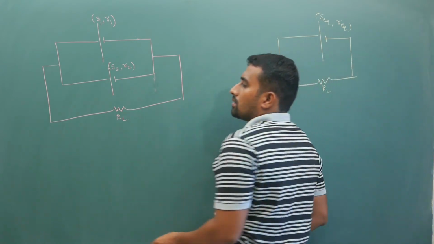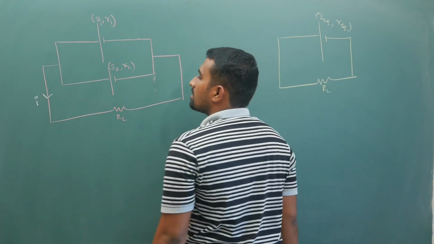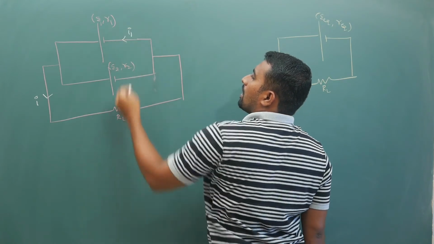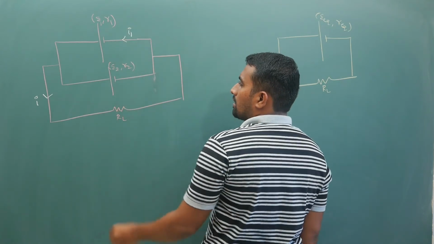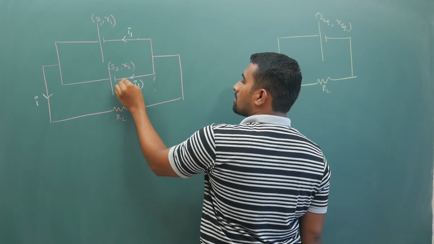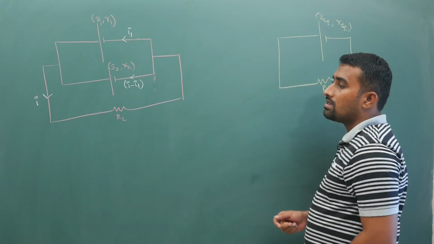Now if current I is being sent like this, then I1 current will flow like this, and this will become I minus I1. I am simply trying to apply Kirchhoff's law and get the equivalent values.